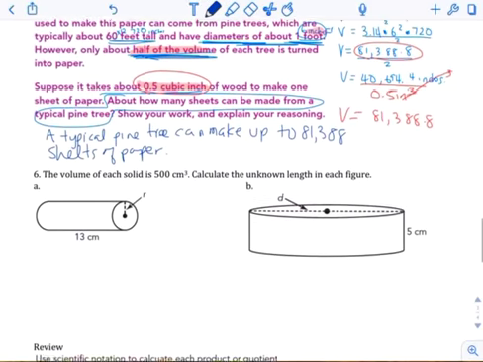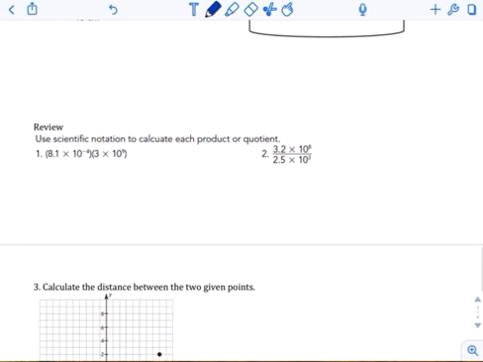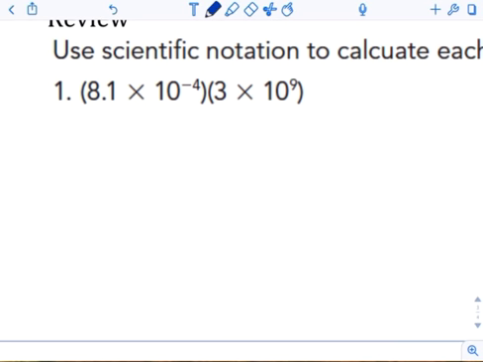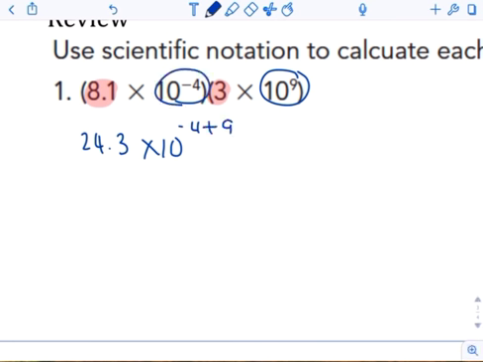Okay, and you guys, we did these in class. Just remember, if you forget, you multiply this and this. You get 24.3 times 10 to the -4. You add these together because multiplication adds exponents. So you get 24.3 times 10 to the 5th power.